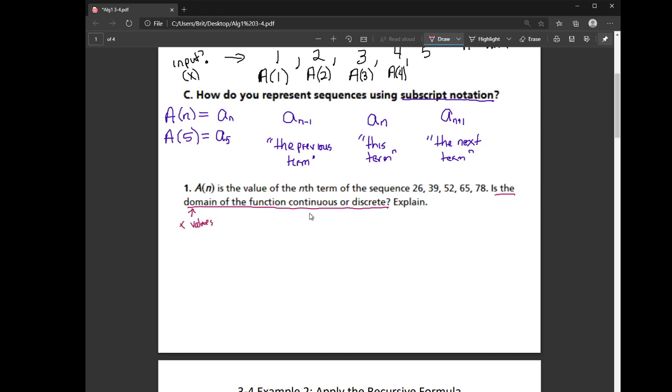Continuous means that it can have decimals or fractions. Discrete means that it's counting by whole numbers or counting by intervals, or like multiples of a value, like multiples of 4 or something like that.